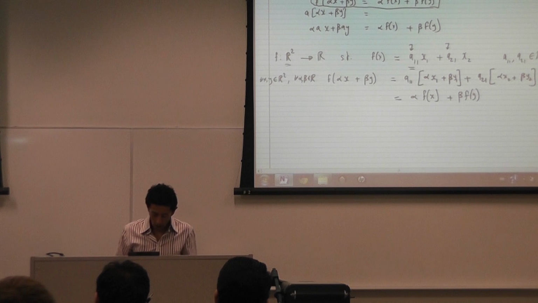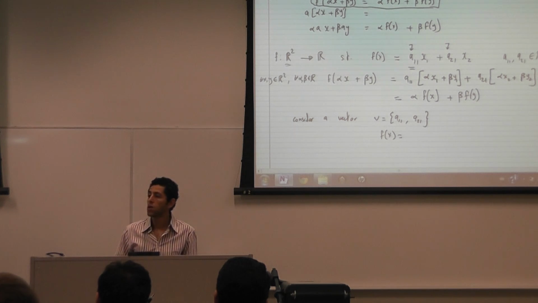Now, because these are real numbers, I'm going to consider a vector v that's equal to a11, a21. Then what does f of x equal? It's equal to the dot product between this v and x.